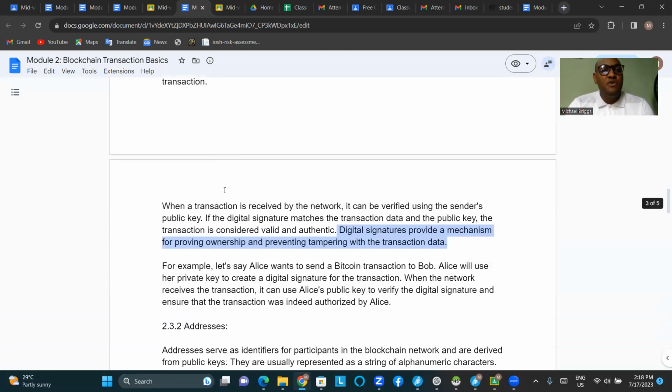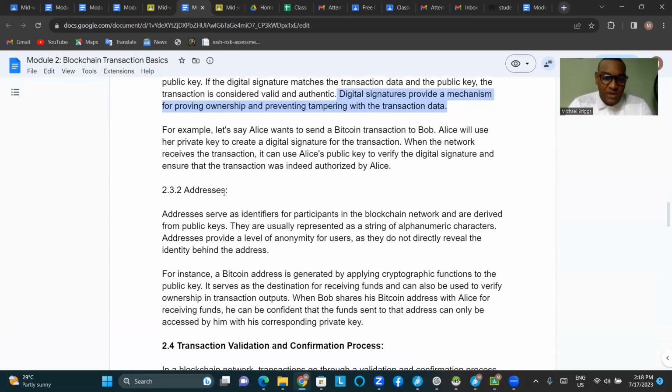Okay. Now let's move on to addresses. Now this is very straightforward, and I'm pretty sure more than 90% of all of us know this. Okay. So the addresses are simply the public key we've been talking about. So public key equals addresses, because these addresses are used to do what?